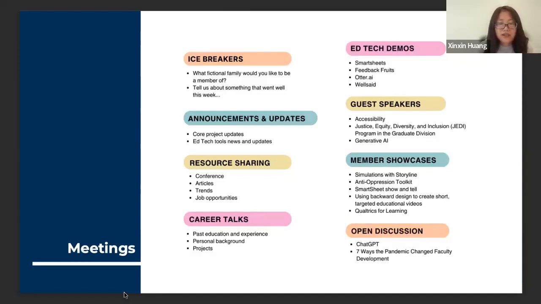We also provide updates on new features and updates on EdTech tools, as well as the progress of our core projects, ensuring that everyone is well informed. During the meeting, we share valuable resources such as upcoming conferences, noteworthy articles, and job opportunities in the field, keeping members informed about the latest trends and opportunities.